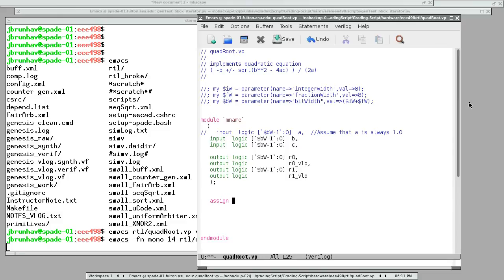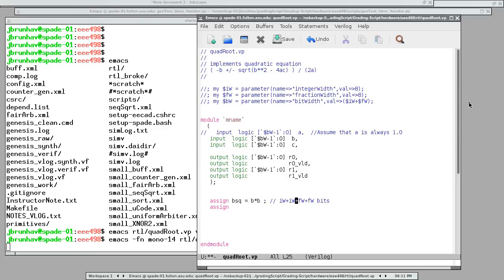So B times B. If we do a B times B, the result is going to be IW plus IW plus FW plus FW bits.